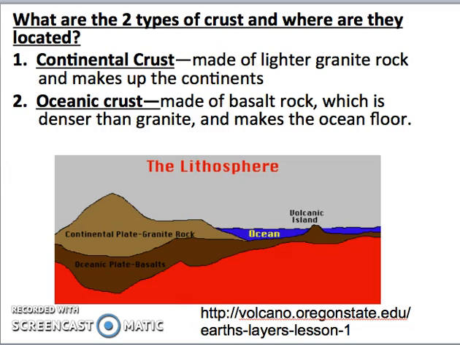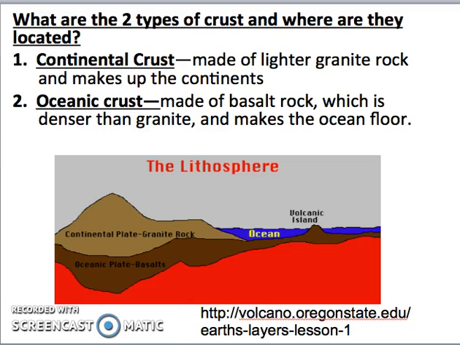Alright, so first thing we need to clarify before we understand how plate tectonics works is that we need to know there's two kinds of crust. So last time we met, we talked about the different layers of the Earth, and you guys know the outer layer is the crust. There's actually two types of crust. We have continental crust, which makes up the continents, and it's made out of a lighter granite rock.